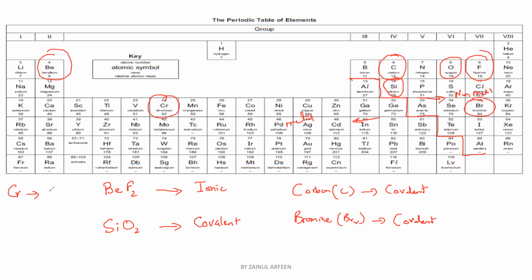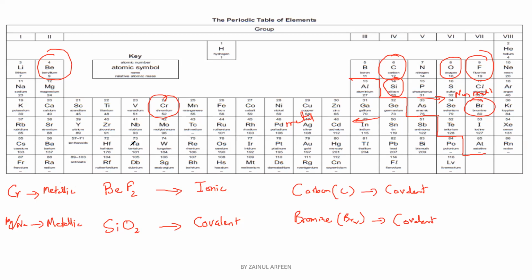Inside chromium, it is metallic. When magnesium is mixed with sodium, it will be an alloy, a mixture of metals, and alloys will also have metallic bonding. For example, if I have a mixture of magnesium and sodium, this will be an alloy.